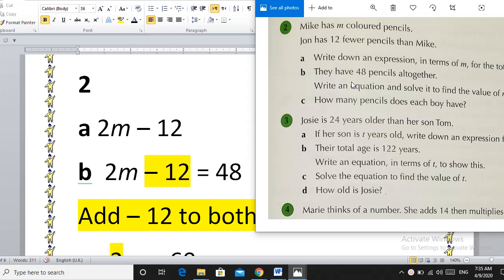For B, they have both 48 pencils altogether. That means the total of the equation must be 48. B answer is 2M minus 12 is equal to 48. Now we've got the equation. We actually set up the equation. We need to solve this equation to find the answer for question number C.